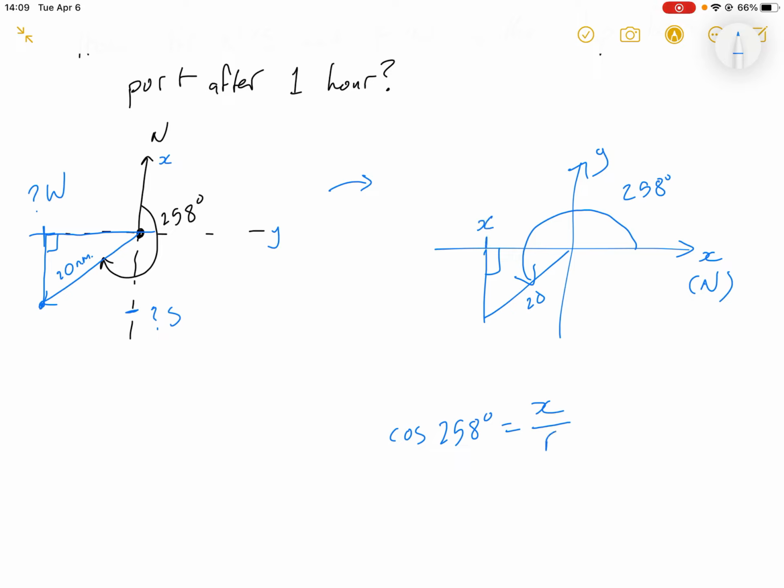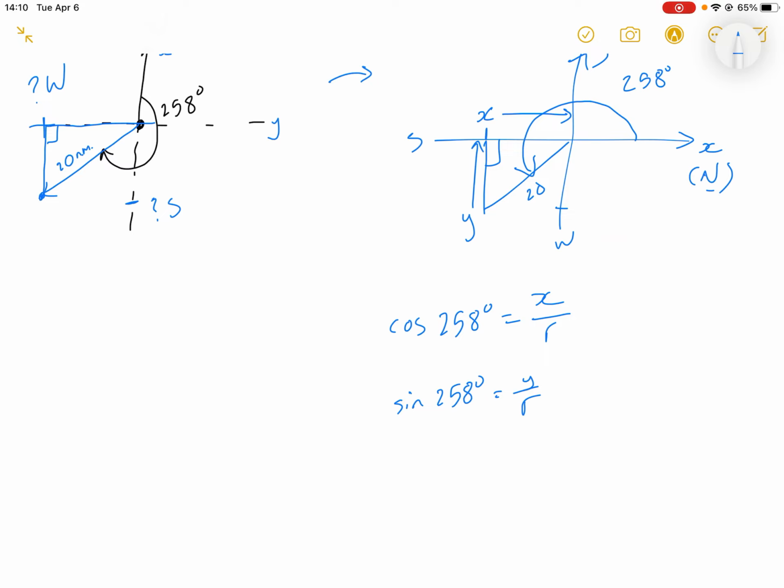So the x will give this distance here, and then sine of 258 will give me y over r, which is essentially this distance, right? And it's also going to be important to keep in mind what y and x are. So if we were relating this back to the compass, we have north here. Up here would be east, south, and then west. And so then once we've found our values for x and y, we can finish the problem up.